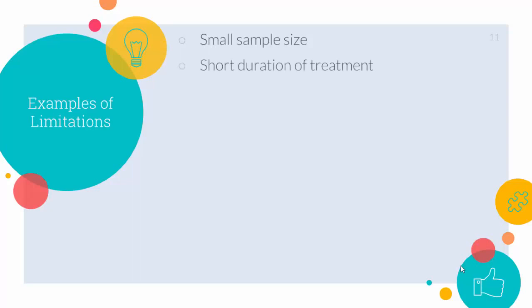And then the short duration of treatment is a limitation. Oftentimes these scientific studies or educational research studies have taken place for years, and our duration simply is not that long. So we don't have a very big snapshot to compare our data to, so that's why it's a limitation. Another limitation is the nature of self-reporting. As you know, humans are wildly inaccurate about their perceptions of themselves.